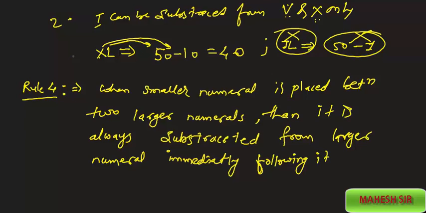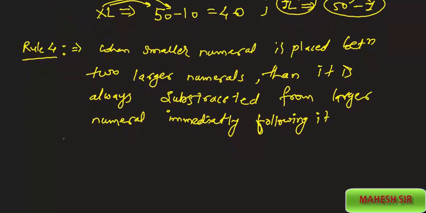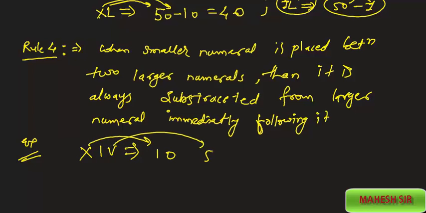Look at it, student. Here is XIV. Now this X stands for 10 and this V standing for 5. In between these two larger symbols, here is I, and this I is standing for 1. So according to rule 4, when a smaller numeral is placed between two larger numerals, then it is always subtracted from the larger numeral immediately following it.